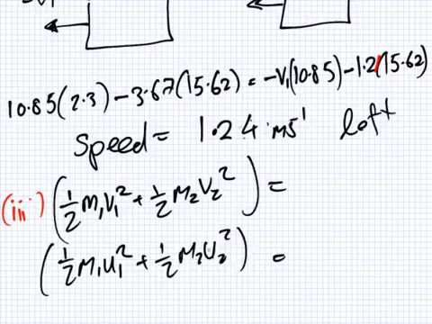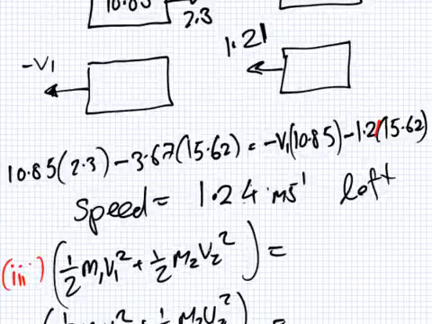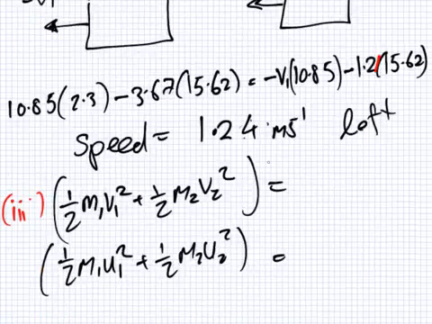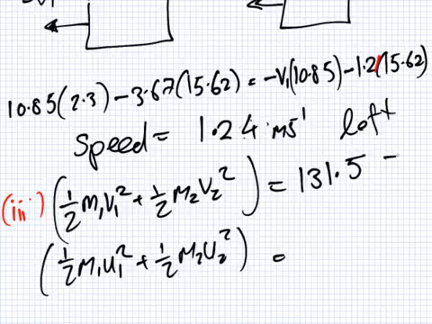Right. And what's mass 1, please? 10.85. And speed 1? 2.3. Plus a half, and mass 2? 15.26. And speed 2? 3.67. Right, so the energy is 131.5 joules.